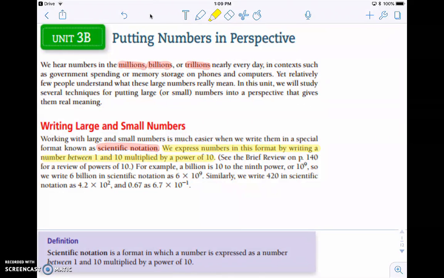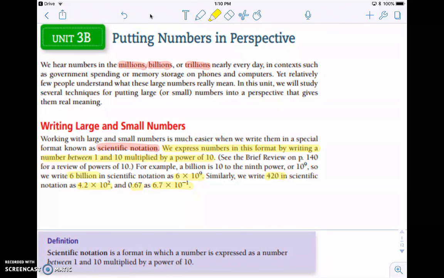For example, 6 billion in scientific notation would be 6 times 10 to the 9th. Or 420 would be 4.2 times 10 to the 2nd. And 0.67 is 6.7 times 10 to the minus 1 power.